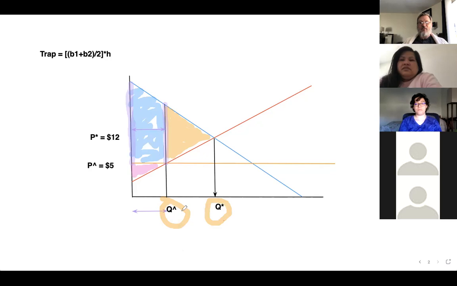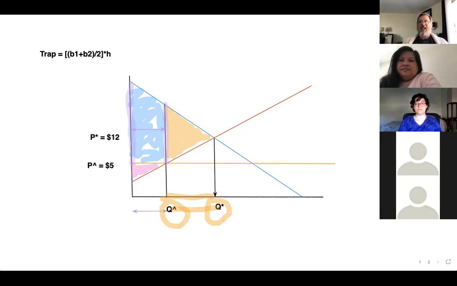So there are a bunch of units that are no longer produced and no longer consumed. That's this distance right here. So anyway, that's a basic overview.